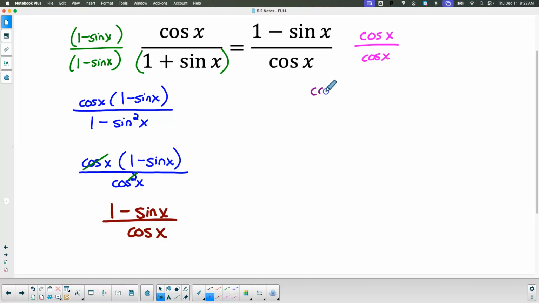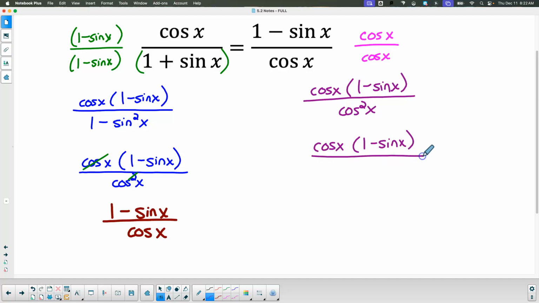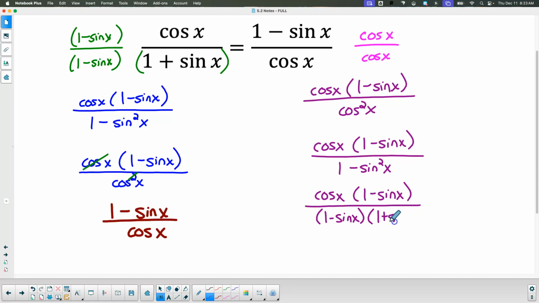That would give me then cosine of x times 1 minus sine of x all over cosine squared of x, which then I could change cosine squared into 1 minus sine squared, which then I could change into 1 minus sine, 1 plus sine.